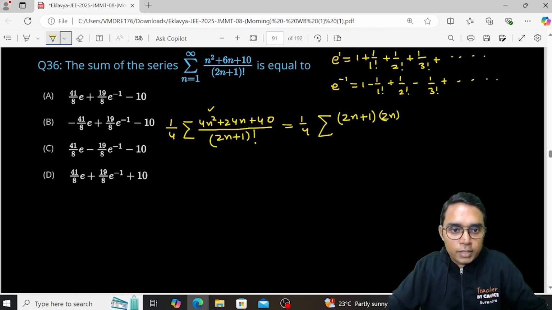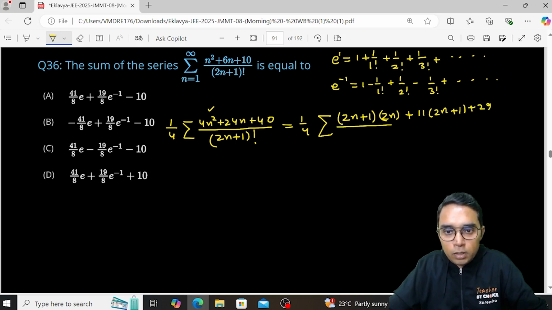So 4n square is taken care of, plus 2n will be here, but I have 24n here, so I will need 22n also, which I will write as 11 common with 2n plus 1. So the terms of n are taken care of: 2n plus 22n is 24n. Now the constant term: it is 11 here and I need 40, so it will be plus 29.